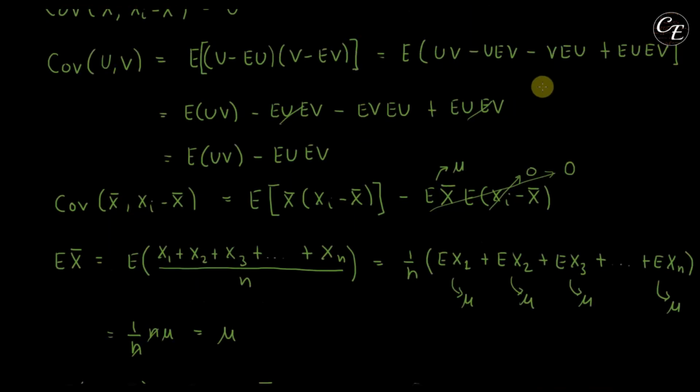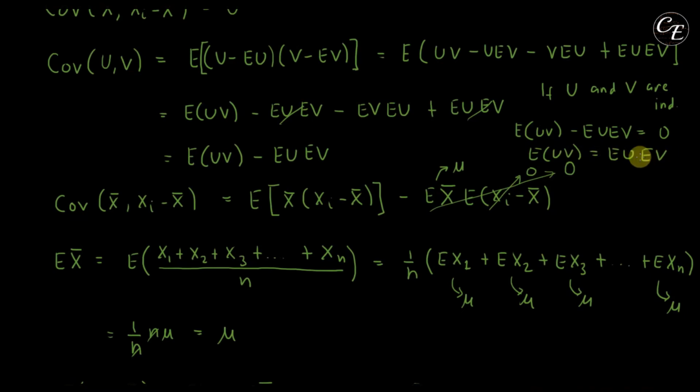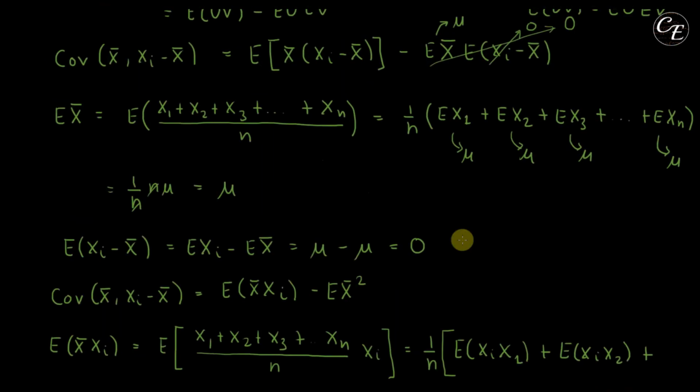We know that if u and v are independent, then their covariance, which is equal to this one, is equal to 0. Expectation of uv minus expectation of u times expectation of v is equal to 0. Then we can put this one to the right. So we have expectation of u times v is equal to expectation of u times expectation of v. So we're going to use this below.